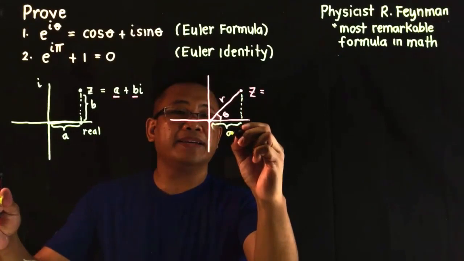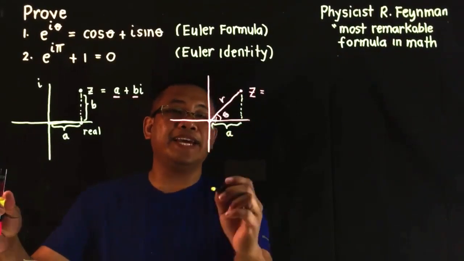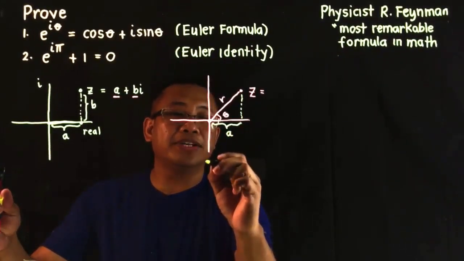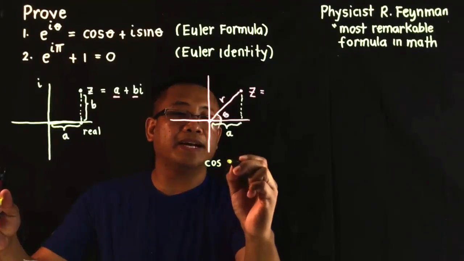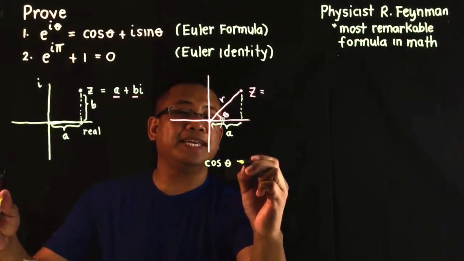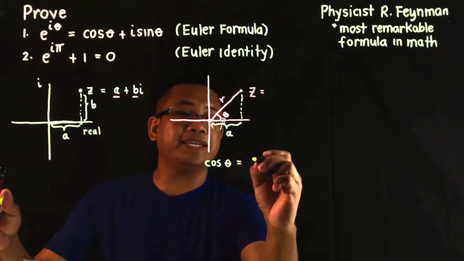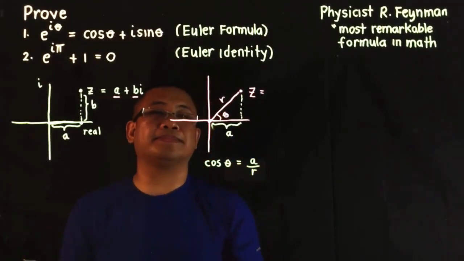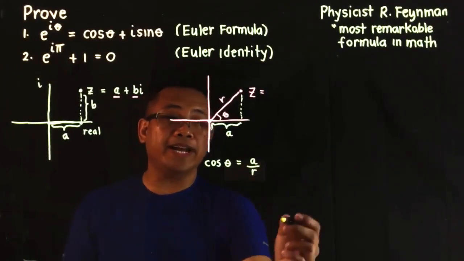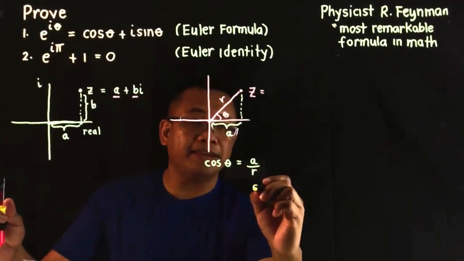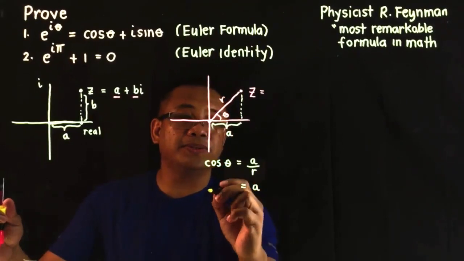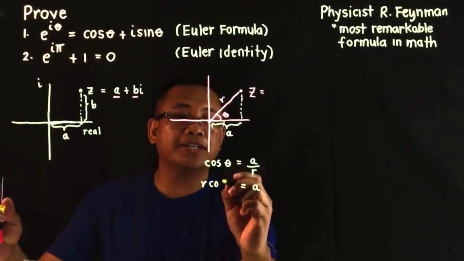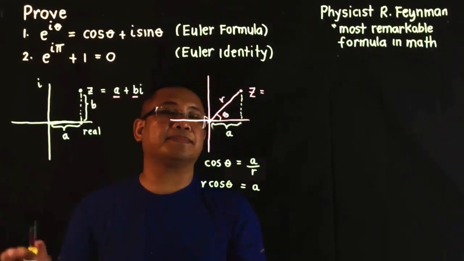So if this is a, we can therefore say that cosine of the angle theta is equal to the adjacent side a over the radius r. And solving for a, we have a is equal to r cosine of theta.